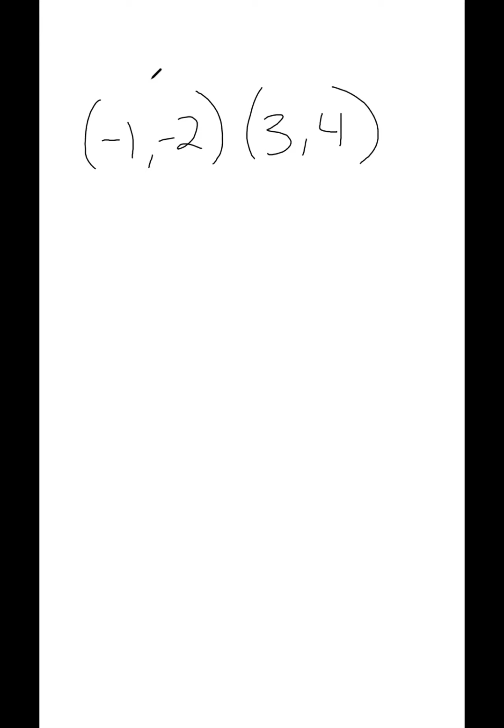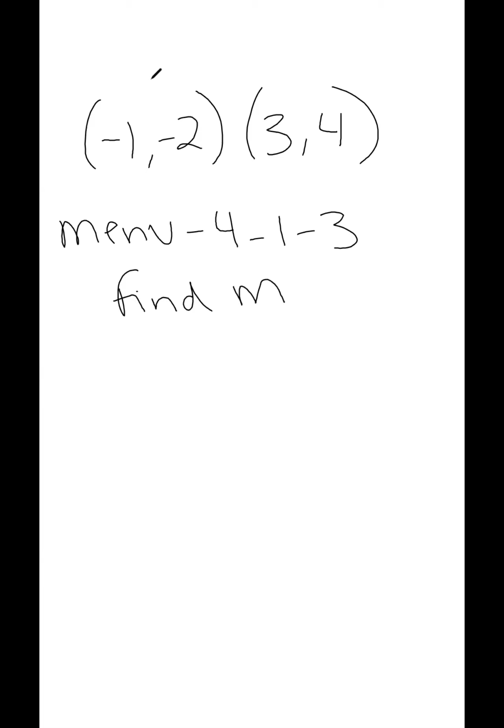There is a slope formula that you can use if you don't have a calculator. If you do have the calculator, remember that you can go to lists and spreadsheets, put your coordinate points in, then do menu, 4, 1, 3, and then find m, and that'll tell you your slope if you have the calculator.